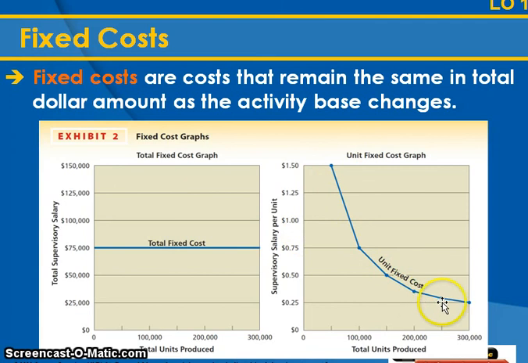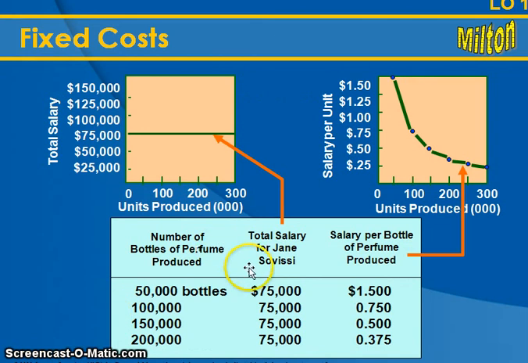The unit fixed cost goes down as the number of units increases. You may have to read the book on this one to really get your head wrapped around it. And this is a nice summary slide of those two items. No matter what, she makes $75,000 regardless of how many units are being produced. But if you're trying to capture how much fixed cost is contained in each bottle of perfume, you're spreading those costs over the number of perfume bottles that you're making. You can see the costs go down as you make more and more perfume bottles.